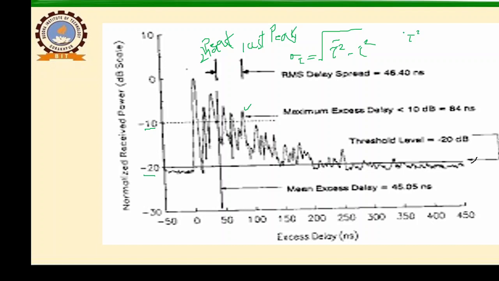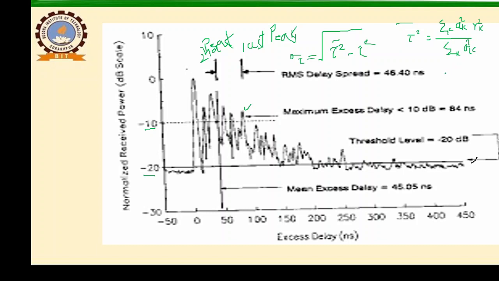where tau square prime is the ratio of the summation over k of a of k squared and tau of k squared to the summation of a of k squared.